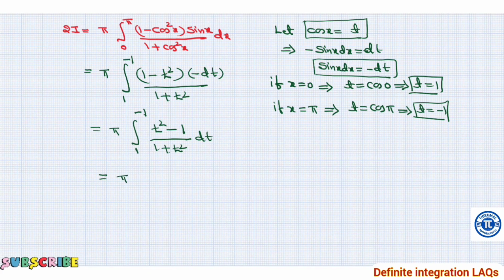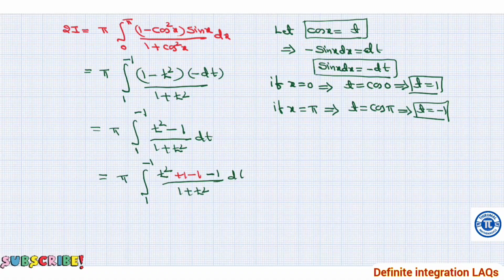Now integrate: the denominator term is 1 plus t², and in the numerator we write t² plus 1 minus 1 minus 1, dt.